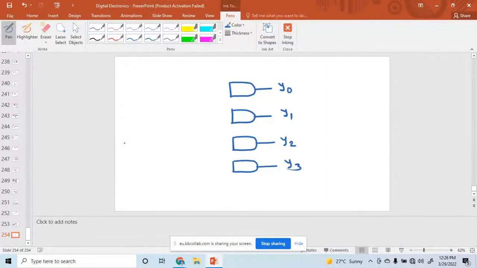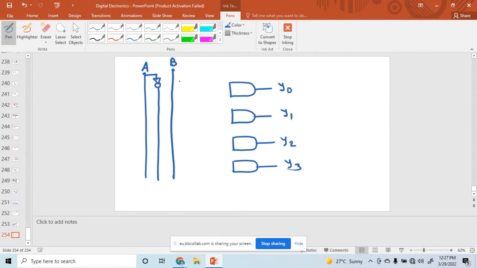What is the input? I'm writing here a is the input, and then a NOT gate, that means a bar. Similarly I'm taking the other input, b, and connecting it to a NOT gate, b bar.